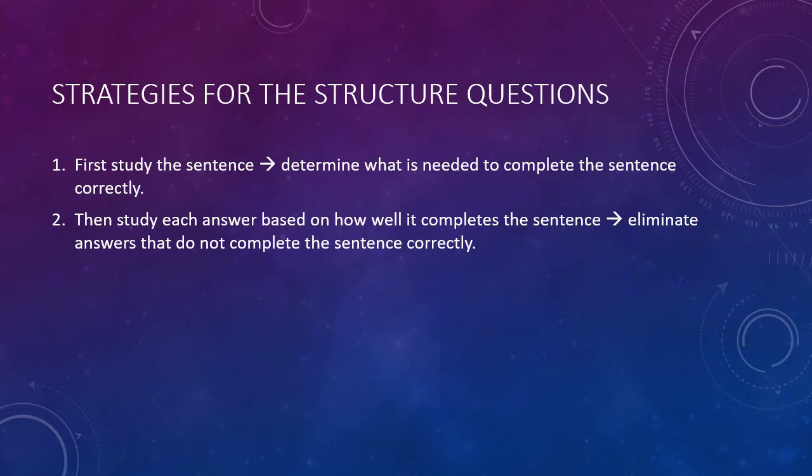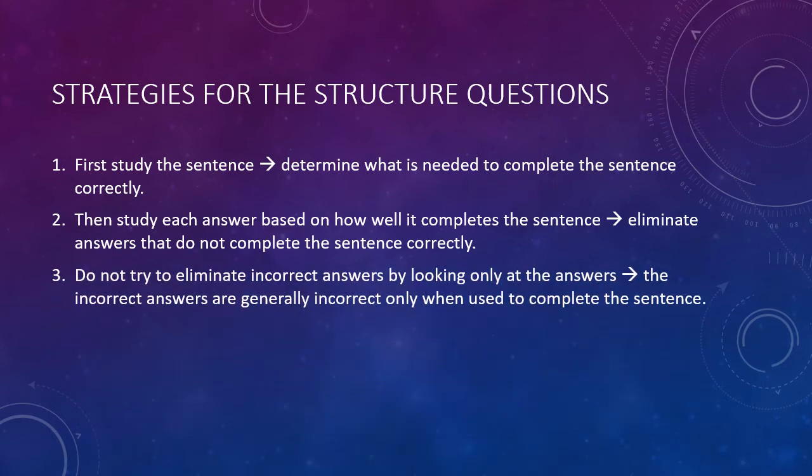So you will be left with, well, probably only two options. And then you make sure which one is the best answer to fill in the blank. Do not try to eliminate incorrect answers by looking only at the choices.